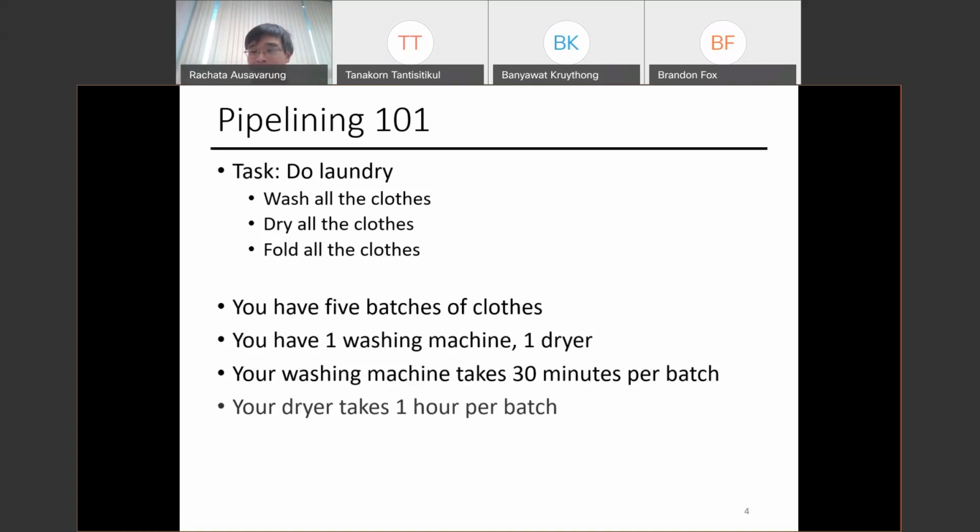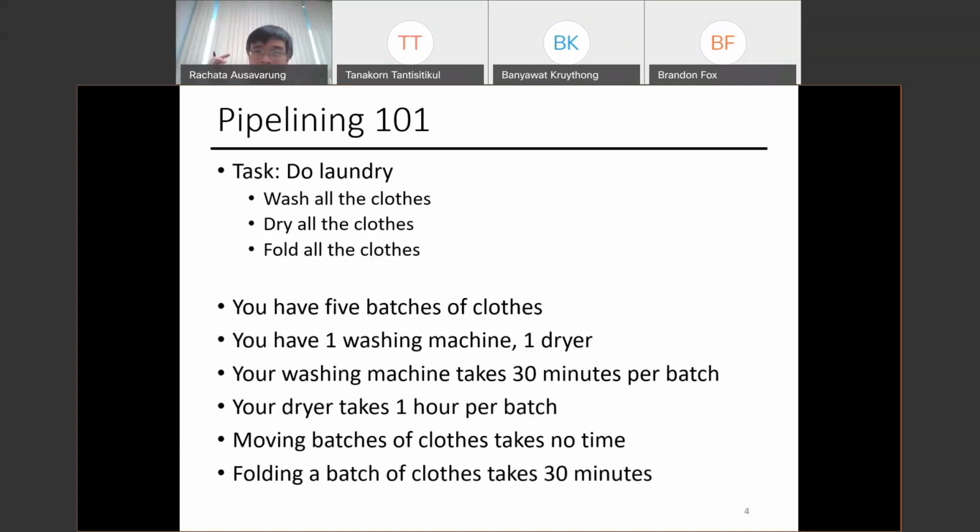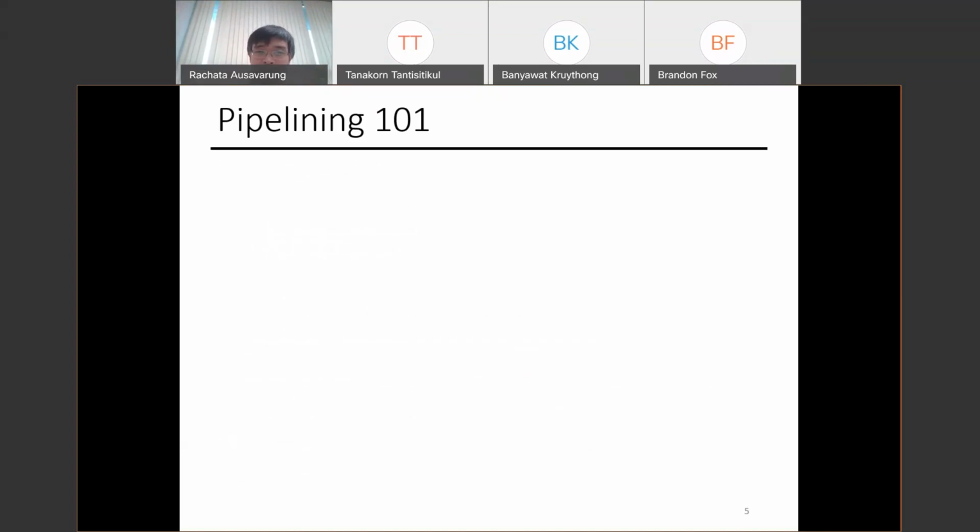The dryer takes 1 hour per batch. Usually that's roughly the time; the dryer takes longer. Moving the clothes from the washing machine to the dryer magically takes no time, and folding the clothes takes 30 minutes.